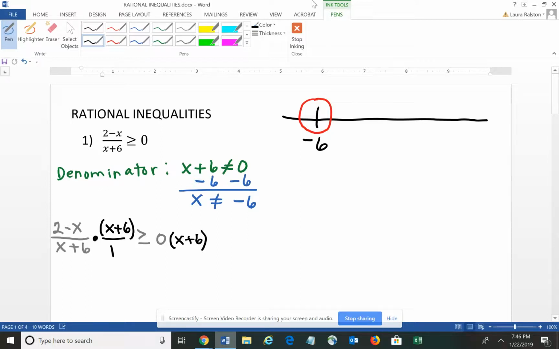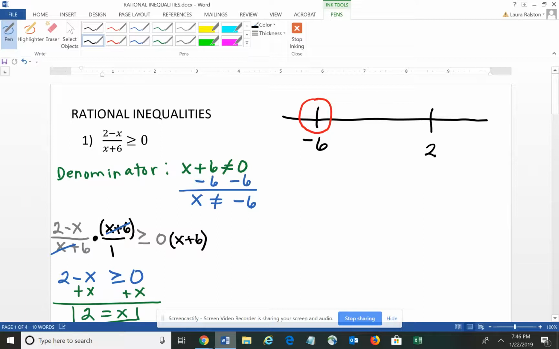When I do that, I end up with 2 minus x is greater than or equal to, and 0 times anything is still going to be 0. Then I need to solve that for x. If I add x to either side, I find my critical value is x equals 2. So my critical value is positive 2.